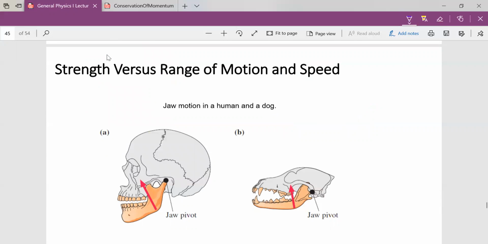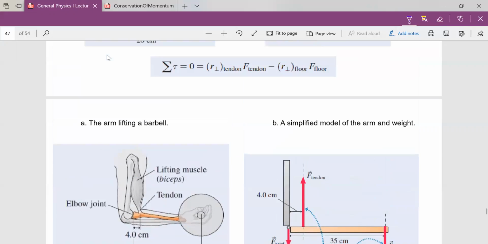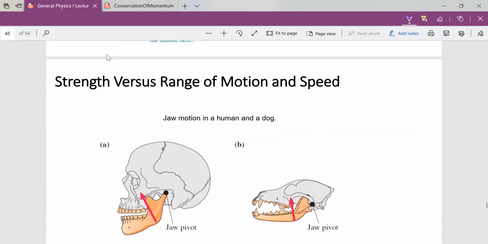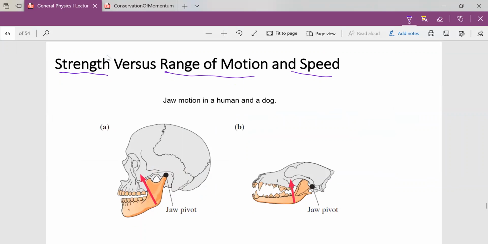Let's see what we can cover in the next 5 minutes. So in the next 5 minutes, we just want to look at stress versus range of motion and speed. And we're looking at this in terms of just the biological body.